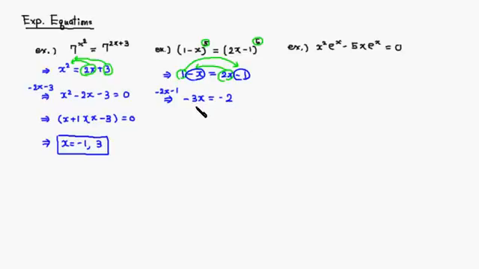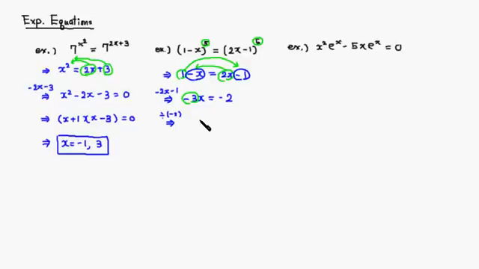Now we can get rid of the negative 3 in front of x simply by dividing through by negative 3.